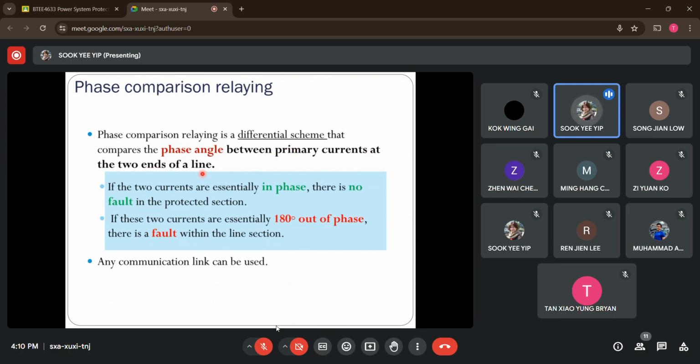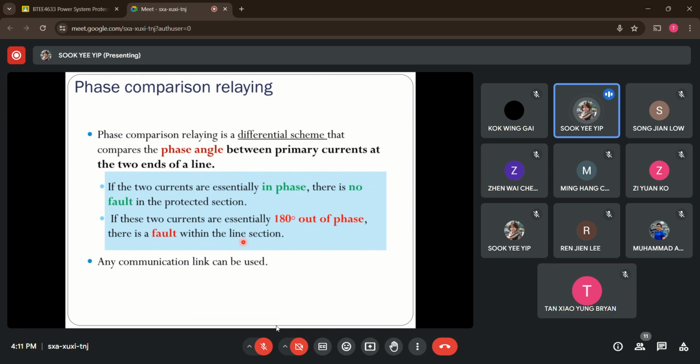If the measured currents are in phase, this indicates that no fault occurs within the protected line unit. But if the two measured currents are out of phase by 180 degrees, it will register that a fault occurs within the line section that we want to protect.